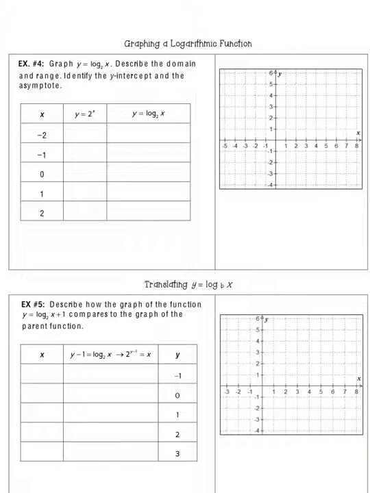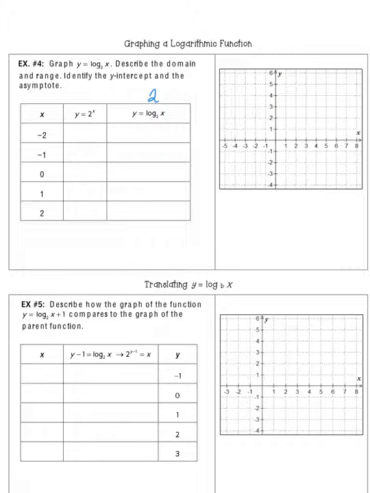So I just want to point out something, that if I were to take this and put it into exponential form, I want you to see what I would have. So my base would be 2, right? But then these two are going to switch. So instead of x being my exponent, the y is going to become my exponent, and it's going to equal x.